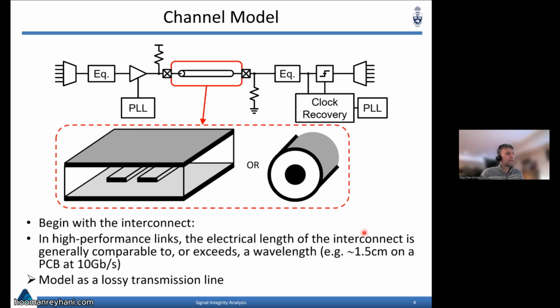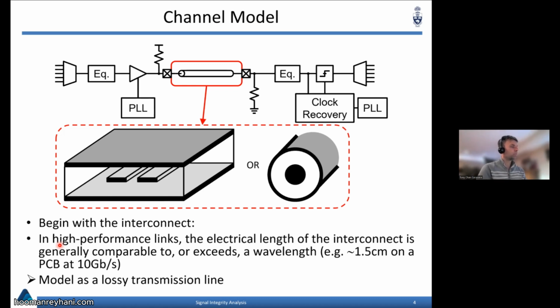Certainly we're dealing with data rates even far exceeding 10 gigabits per second in modern high performance links. So as soon as you're talking about a trace that's a few centimeters long, you're dealing with multiple wavelengths on the interconnect at a time.